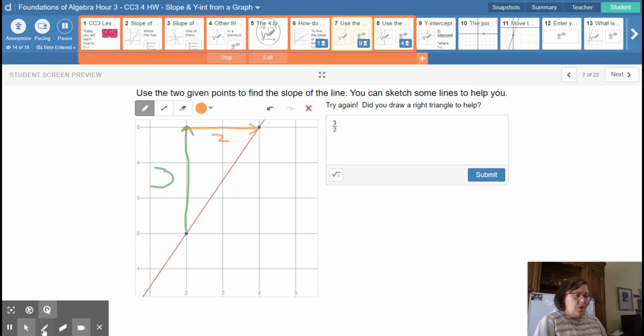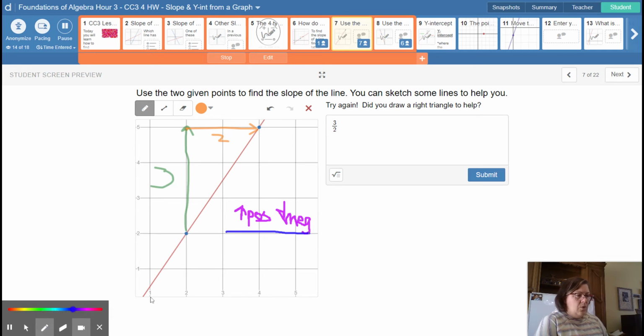All right, and then while I'm here, I'm just going to add this onto this slide. If you go up, it's going to be positive. If you go down, it's going to be negative. All over.